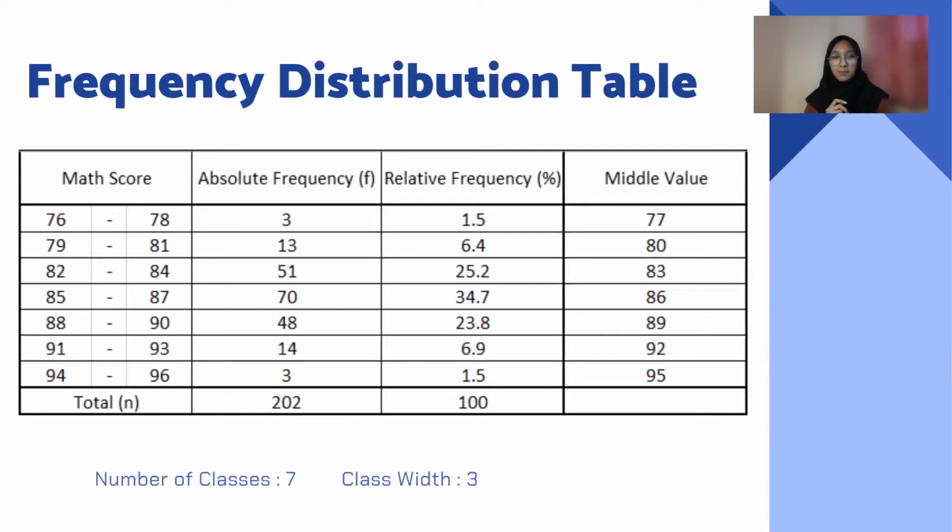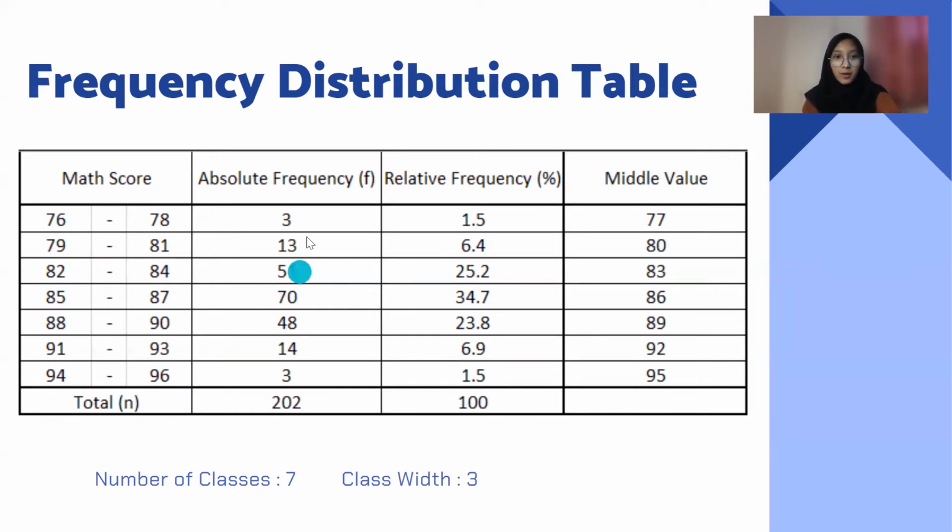Also, the maximum value is 95, and it is included in the last interval. It is allowed not to use the minimum value as the first number in the first interval. You can use another value before the minimum value, but you have to include the minimum value in the first interval.